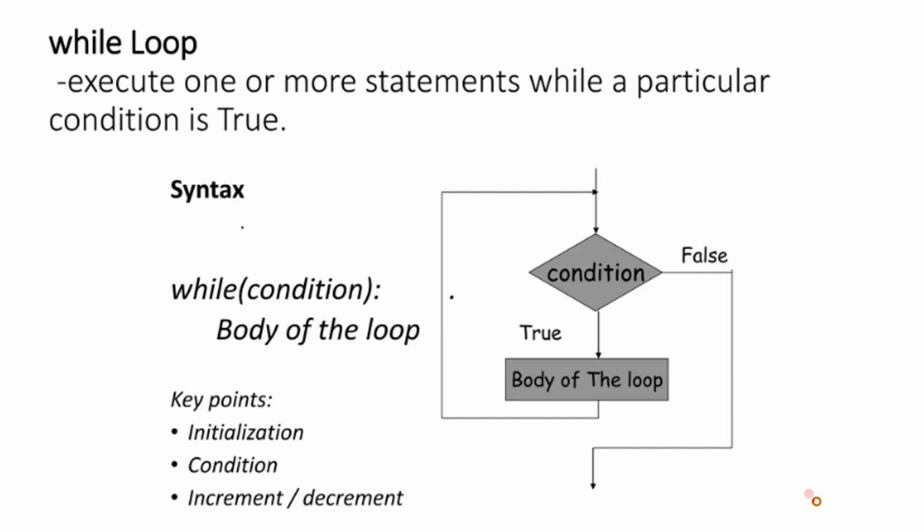If the condition is true, the body of the loop will be started. After the body of the loop runs, the condition will be rechecked, and this checking will be continuously done till the condition becomes false. Let's see some examples. It will help you understand more how the while loop works.